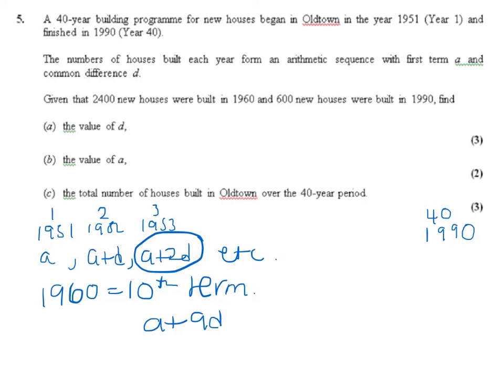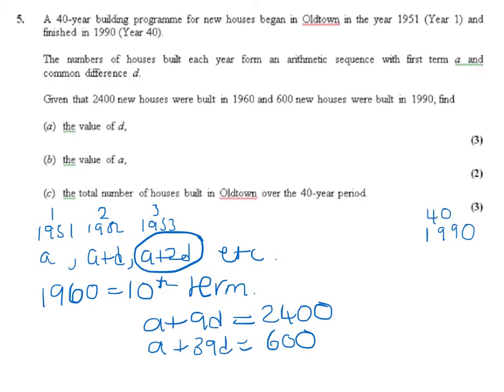So we know that A plus 9D is equal to 2,400. And in 1990, 600 new houses were built. 1990 is 30 years later than 1960, so it must be that A plus 39D equals 600.